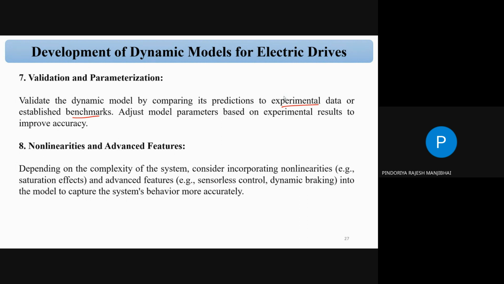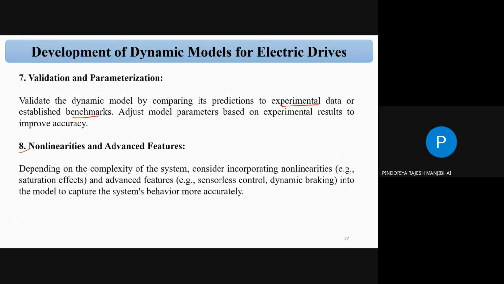Otherwise, any experimental data can be a benchmark, and then you validate your data. Suppose we newly designed a control algorithm. So how can we say my control algorithm is very good? We have to compare our control algorithm with any benchmark, or any well-developed experimental data. And then we can say, yes, my proposed algorithm, my proposed motor, is very good compared to the other one, correct?